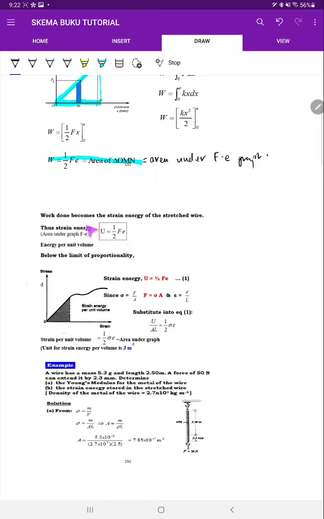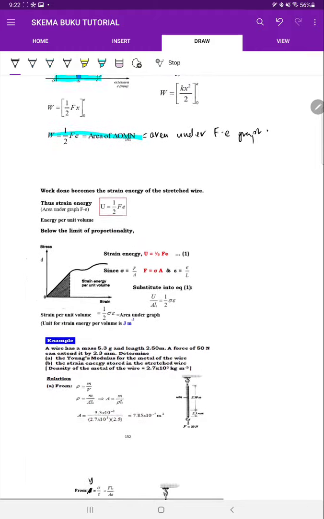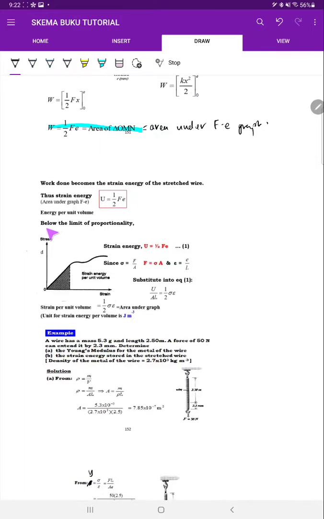Thus, strain energy sama dengan work done, U equal to half Fe. Below the limit of proportionality, maksudnya sampai ke limit ni. Yang ni dah plastik, tak nak ambil tahu, kita nak below the limit ni.